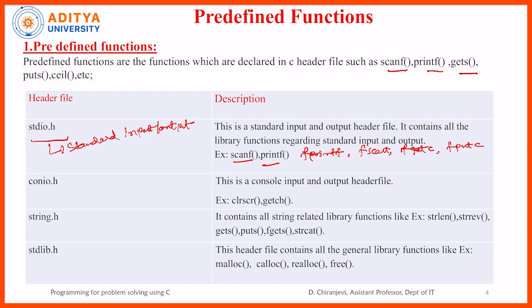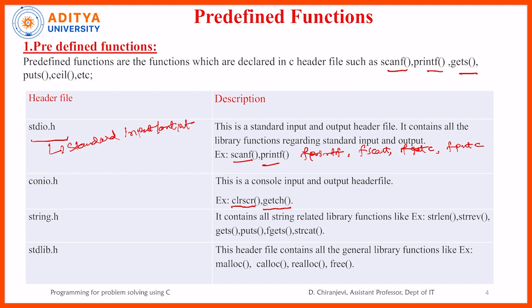Similarly, conio.h. Conio means console input output. In this header file we have some input output functions like clrscr for clear screen, and getch, which is for the console, removing the previous output.